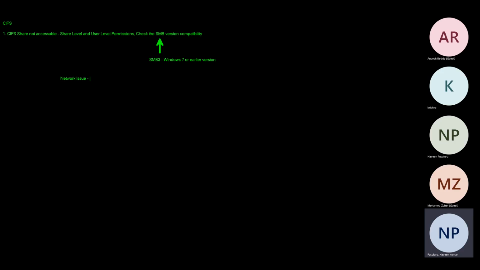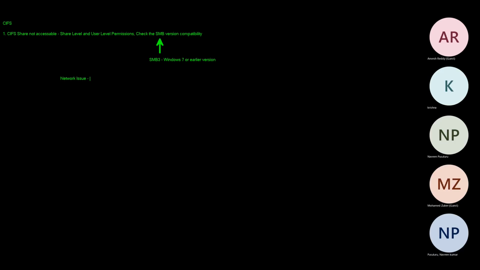Whenever you open a session, it travels through the network. When you copy something, it travels over the network and copies the data there. So you might need to coordinate with the network team and see if there is something wrong with the network also.